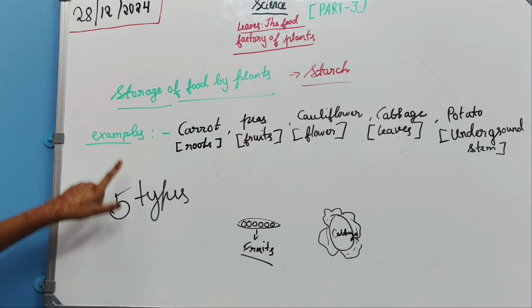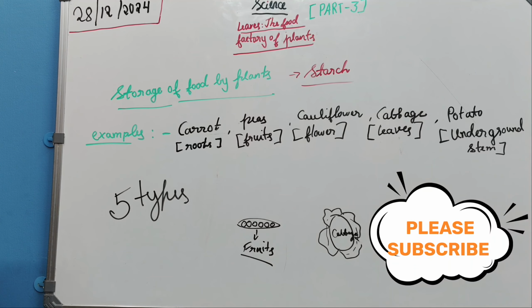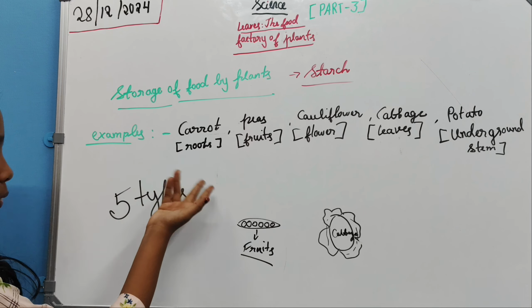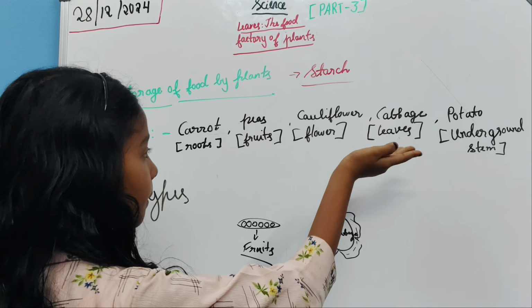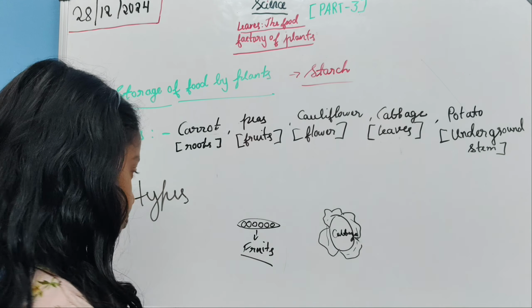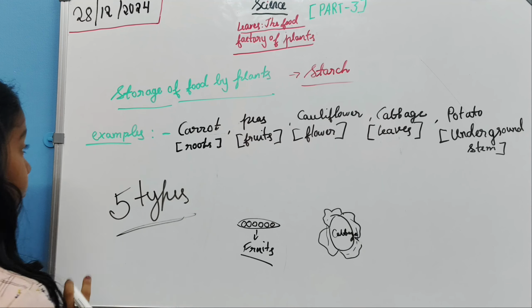Some store in leaves, some in roots, some in flowers, some in fruits, and some in underground stem. This was the five types I told you.